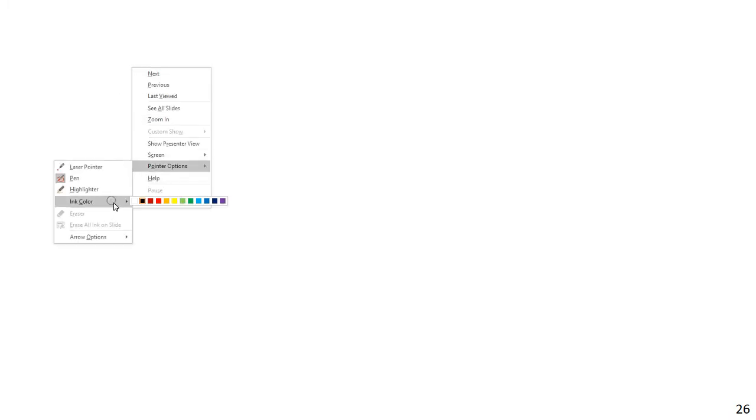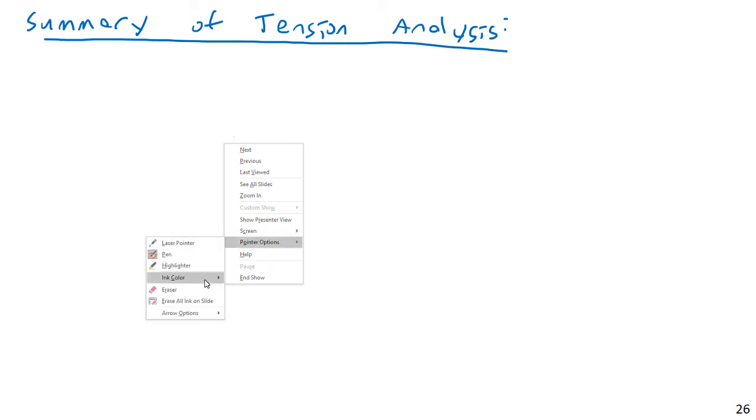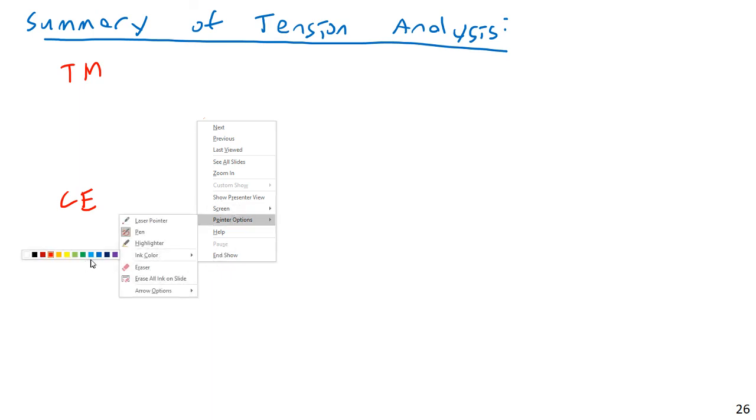Okay, so summary of tension analysis. Everything we've looked at up to now has been tension analysis. So we have both our tension member and our connecting element. And what limit states do we need to consider?